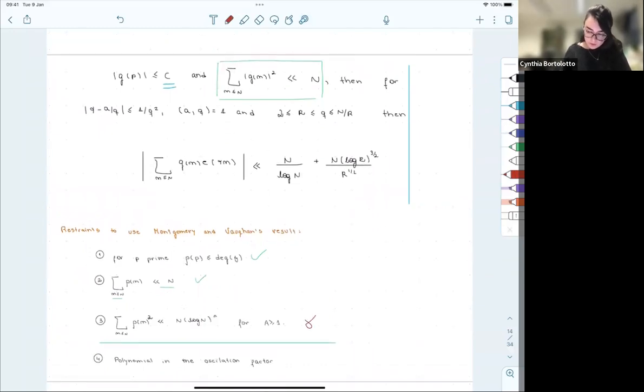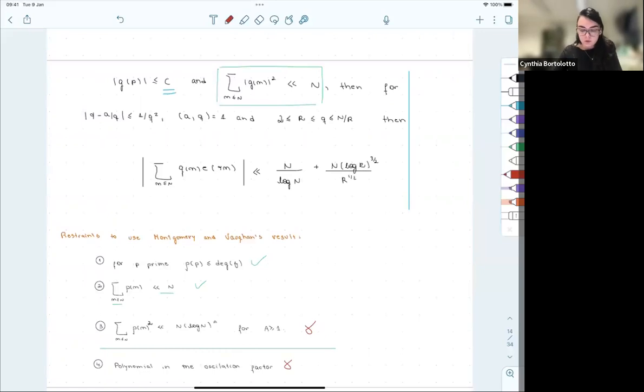And we observed that in the Montgomery and Vaughan theorem, we also had alpha times n in the oscillation, and we want to generalize this for any polynomial. So we don't have this as well. So our first goal is to generalize the Montgomery and Vaughan result, where we can make this hypothesis on the sums of the squares a bit less restrictive.